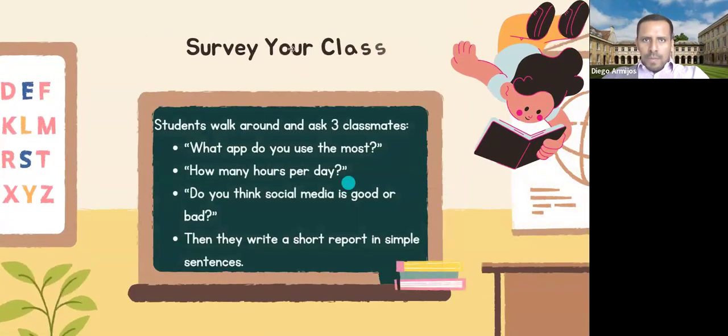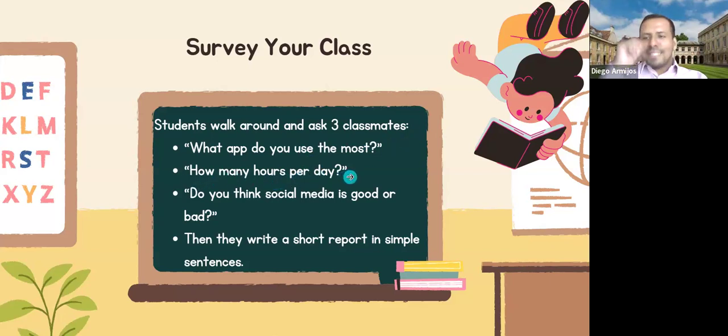Next one, we have survey your class. This is another amazing activity, in order to make students not only stay sitting all the time in their chairs, but move a little bit. So students walk around and ask 3 classmates, what app do you use the most? All right. Students would say WhatsApp, TikTok, Facebook, Instagram, whatever. How many hours per day?